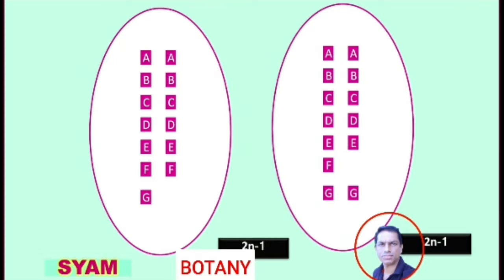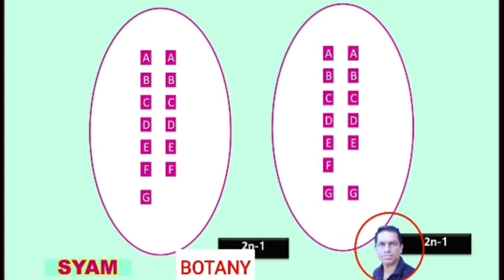So one genome has 7 chromosomes, but the other genome has 6 chromosomes. It is called monosomy.